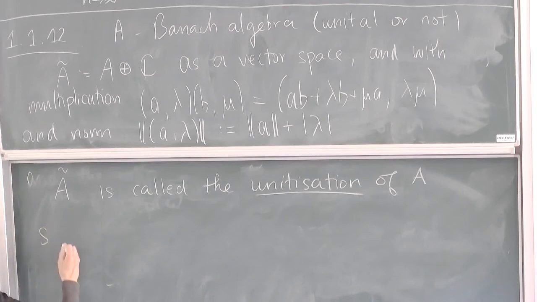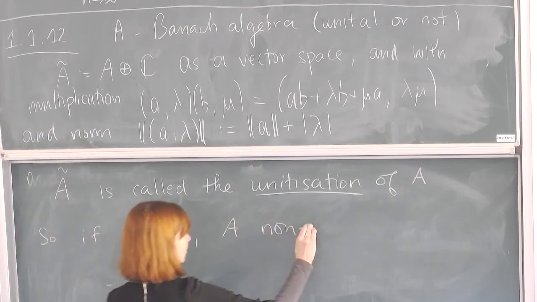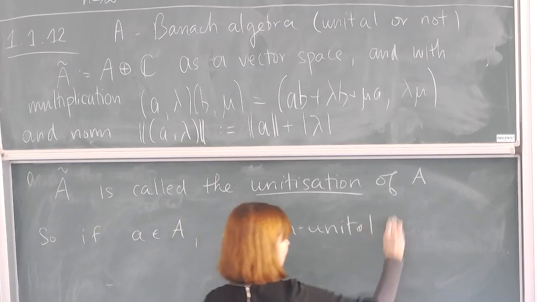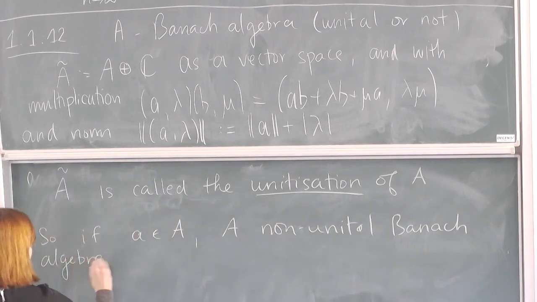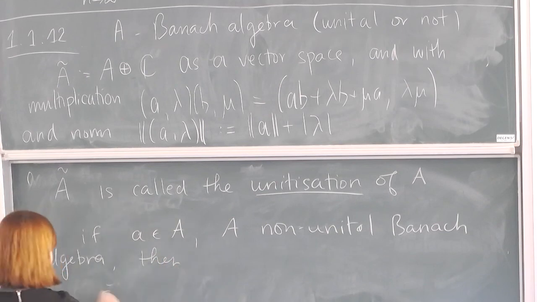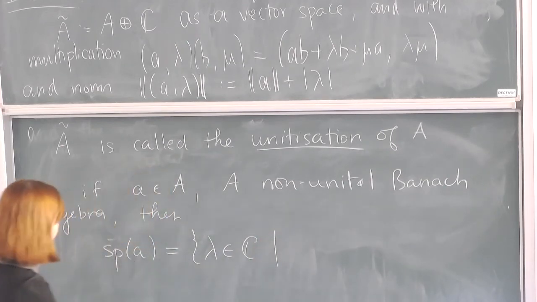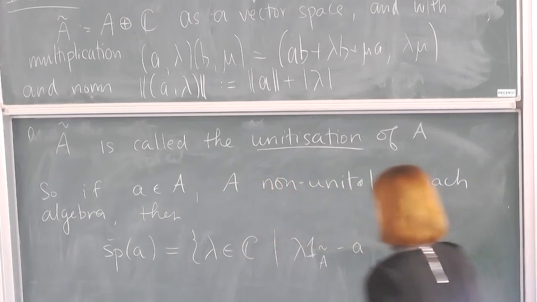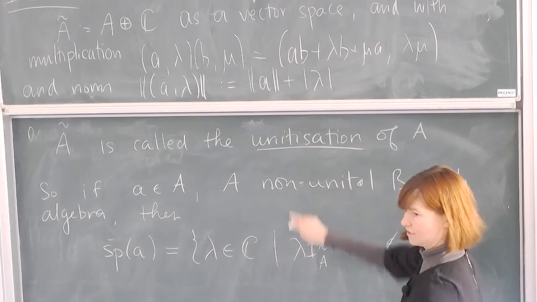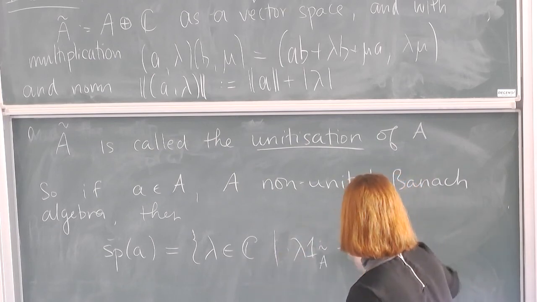So if A is non-unital, then its spectrum is going to be all those complex numbers lambda where now we consider a as an element in its unitization, so a minus lambda is not invertible. So again, this is really (a, 0) and this is really (0, lambda), but that's clear, so just write it like this.